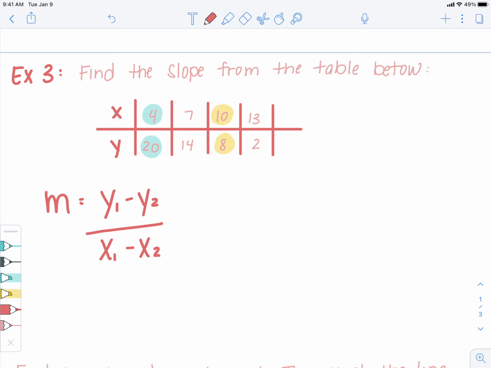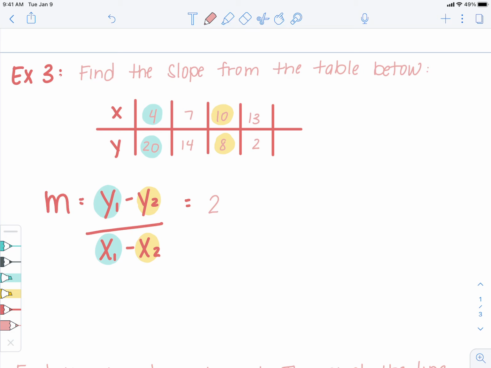Okay. And remember, my x1 and y1 are going to come from my blue point, and my y2 and x2 are going to come from my yellow point. And all I'm going to do here is plug in and then subtract. So instead of writing y1, I'm going to look at my blue point and say, okay, the y value of my blue point is 20.